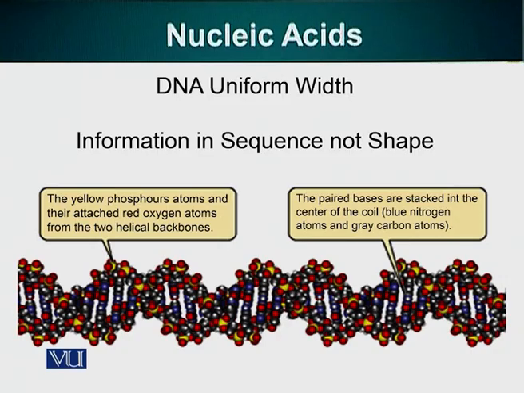It is not present on the outside. Unlike in proteins, where the three-dimensional structure is important, DNA does not have a varying three-dimensional structure. In fact, it is uniform. It has a uniform diameter. The information this molecule carries is the sequence of the nucleotides, not the three-dimensional shape as was the case in proteins.